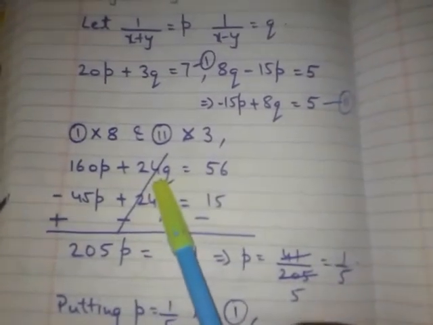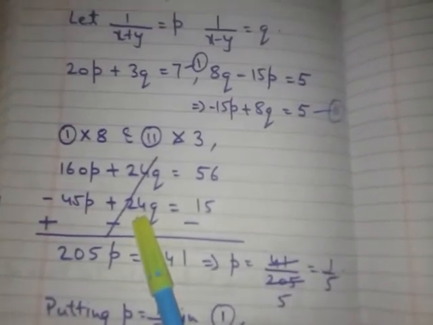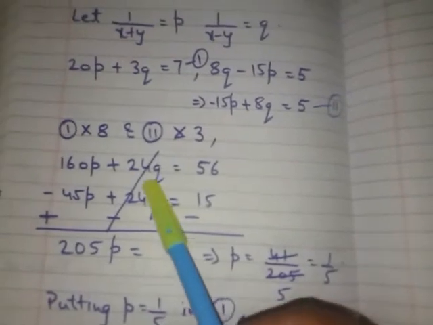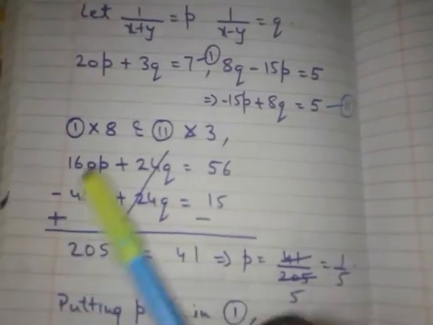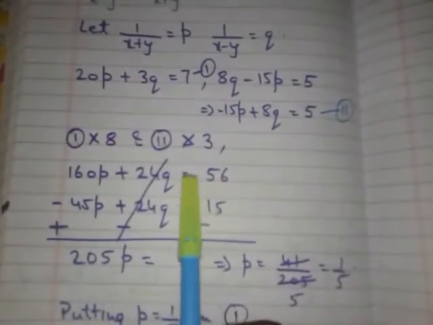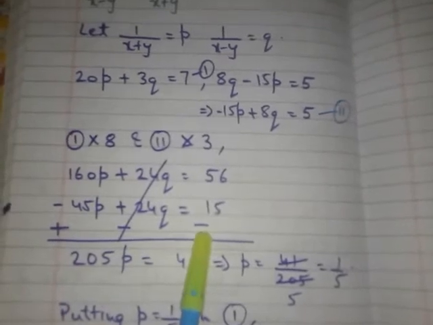We see we have 24q here and plus 24q here also. So if we subtract these two equations, these two terms will cancel each other. When we subtract, we change the sign of every term of the equation.